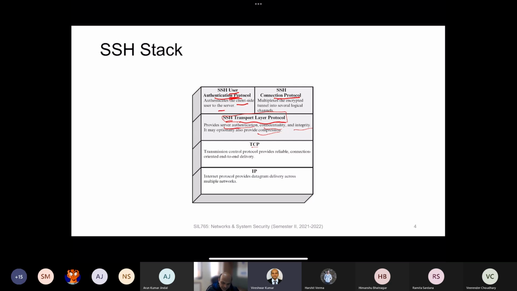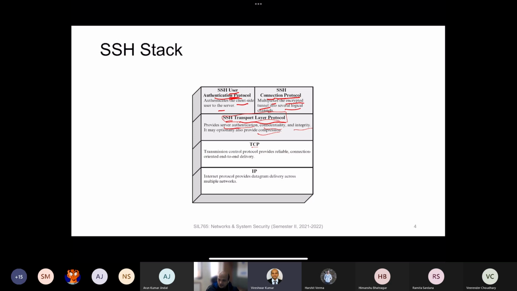And then you have a connection protocol. You see that we have encryption and authentication in the SSH transport layer protocol for our messages. What this connection protocol does is it establishes a connection, and it multiplexes different streams of encrypted and authenticated text over different channels.